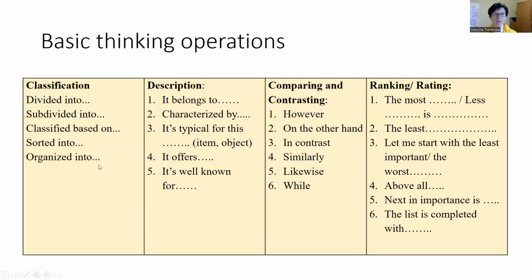They are classification, which shows us division and subdivision, description, comparison and contrast, and ranking. In this very first video, we will be talking about communication, and we will be doing it on the basis of a classification table.